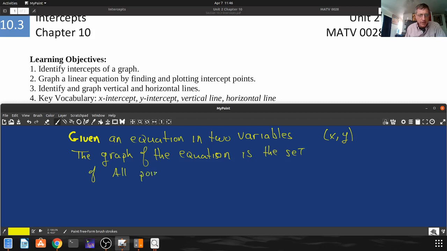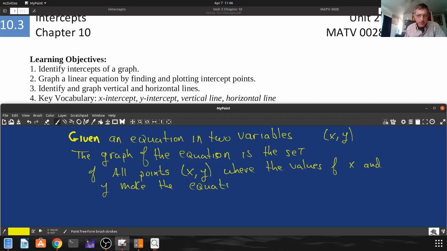Remember, a point has two directions or two coordinates, an x and y, of all points x, y, where the values of x and y make the equation, and of course the equation now is in two variables, and we'll consider those variables x and y, true.